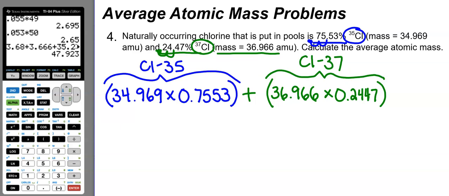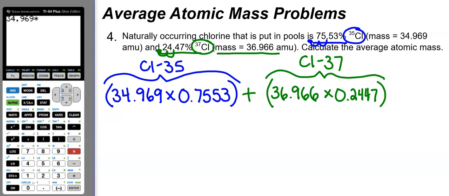Okay, so now we still need to do our calculation the same way, but we're already showing that we're adding these two things up. So all I'm going to do here is multiply this out, write my answer, multiply my chlorine-37 data out, write my answer, and then I will show my final answer when I add those two numbers up. So let's go back to our calculator, clear some things out. So I'm going to start with 34.969. These are such long numbers in these problems.